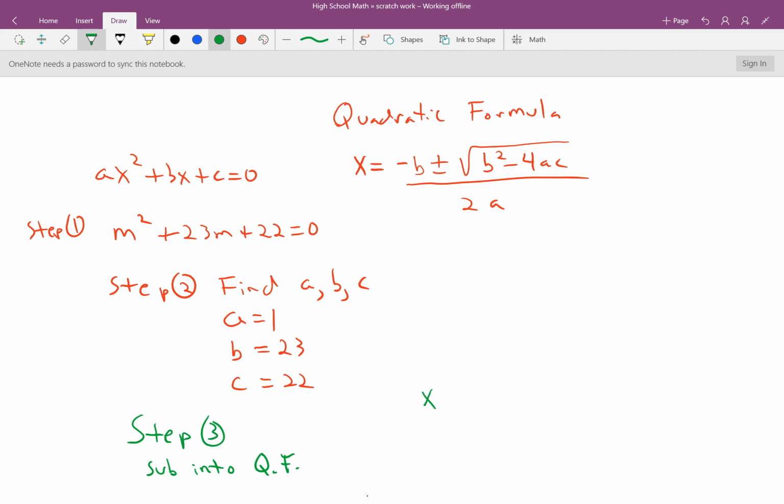We have x equals negative b, so that's a negative 23, plus and minus the square root of b squared, that'll be 23 squared. Remember, if it's negative, it's essential that you put it in parentheses. In general, parentheses are good when substituting. A and C were 1 and 22, all divided by 2a, that's 2 times 1.